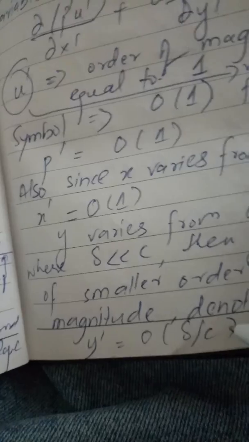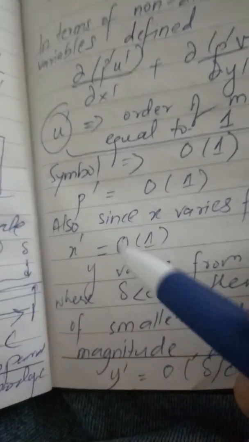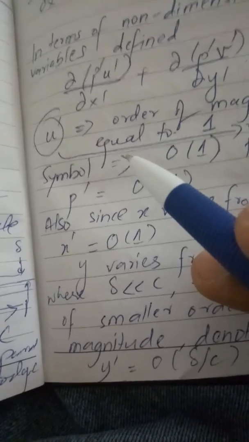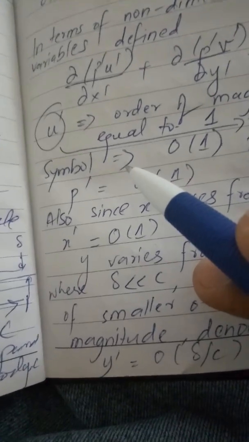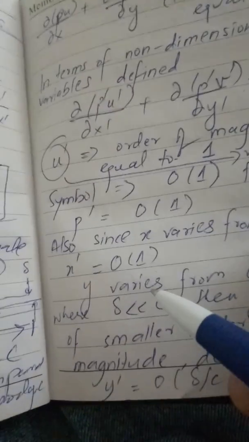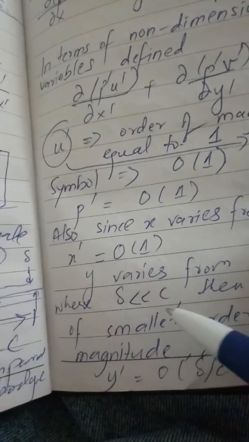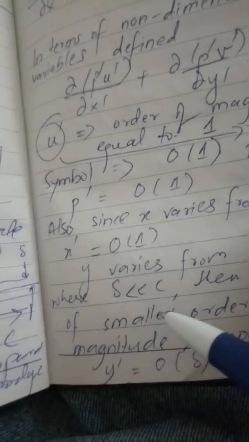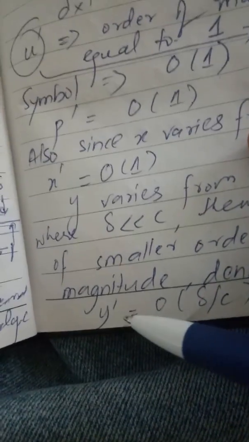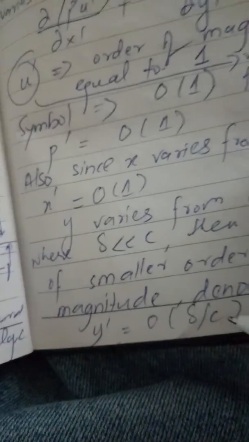To talk about the y-axis, we have talked about the velocity along the x-axis and the velocity along the y-axis, taking the derivatives and symbolizing them in the order of 1. Both u and p, and y prime is also 0 to lambda by c.